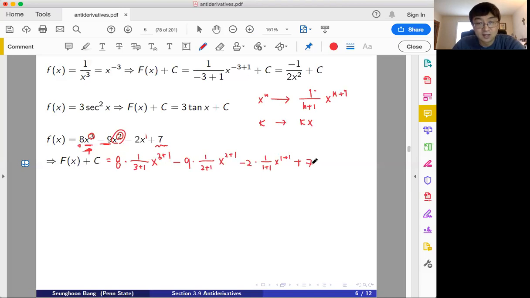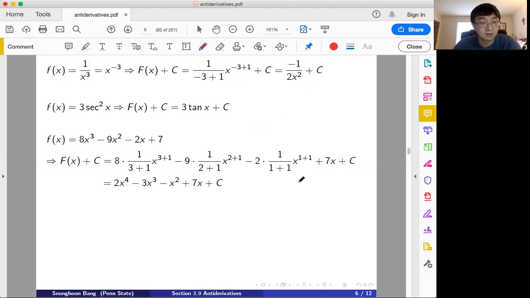You're right, 7 times x, plus the general constant c. And simplify. The 4 is crossed out, only 2, so 2x to the 4. The 3 is crossed out, so we have negative 3x cubed. The 2 is crossed out, only minus x squared. The remaining part is 7x plus c. That's it. This is the whole idea for finding the antiderivative.